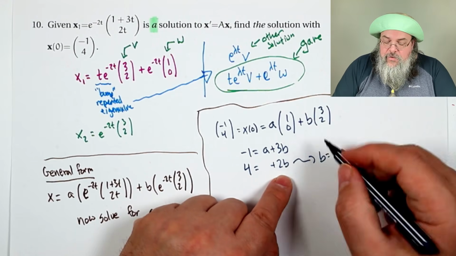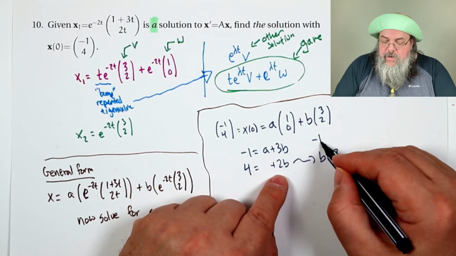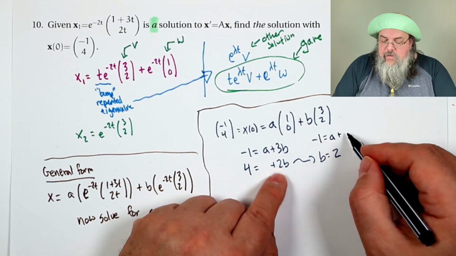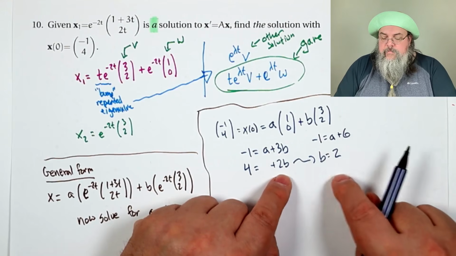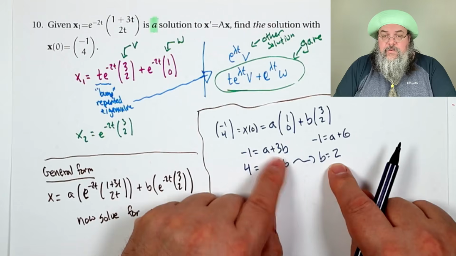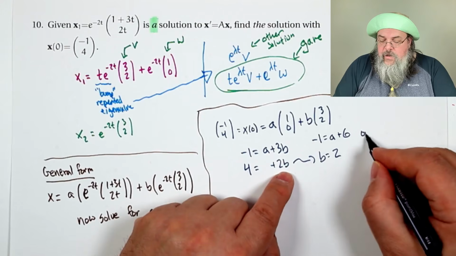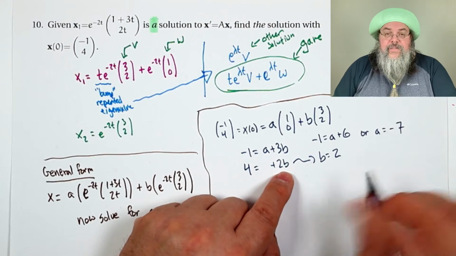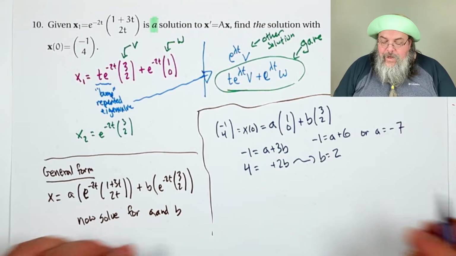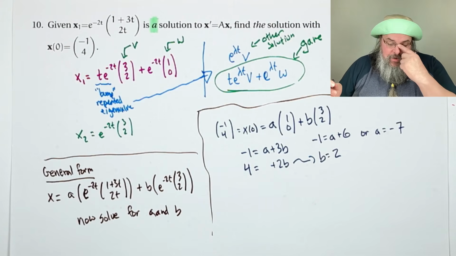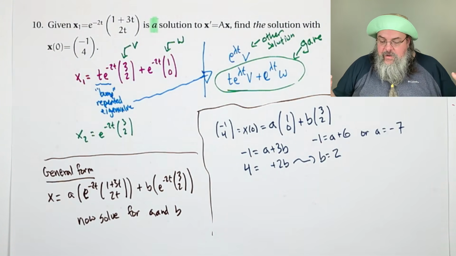Well, now I know that b equals 2. We get, okay, minus 1 equals a plus 6, right? 2 times 3. So a is minus 7. Great. Well, now we know what a is.